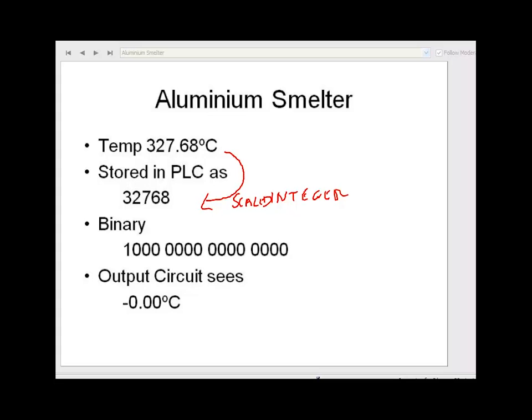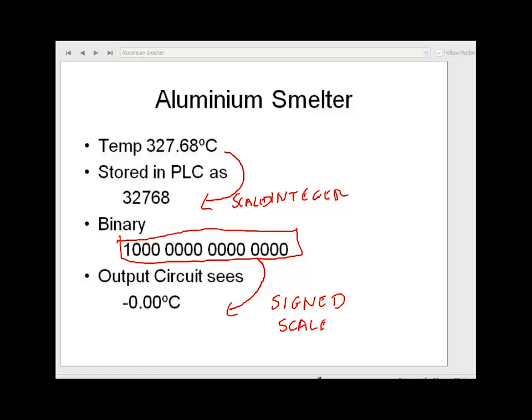The output circuit, however, looked at that number, and that number was stored in binary like that. Now the problem occurred because the output circuit looked at that number, and unfortunately the output circuit was using signed scaled integer.